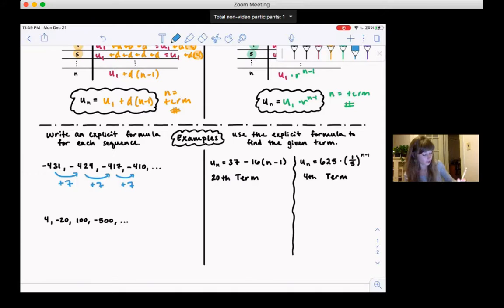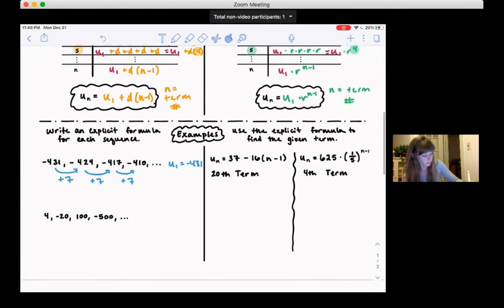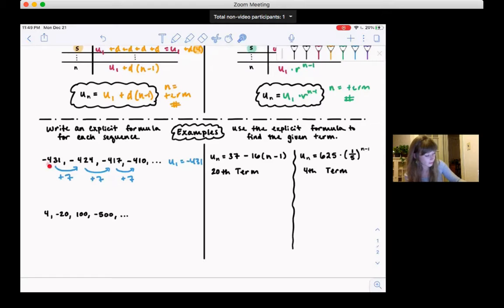Okay, so let's get our parts here. We have u1 equal to negative 431. That's the first term in the sequence. And then our common difference d is 7. So we're going to take u1 and d and plug them into our arithmetic formula.